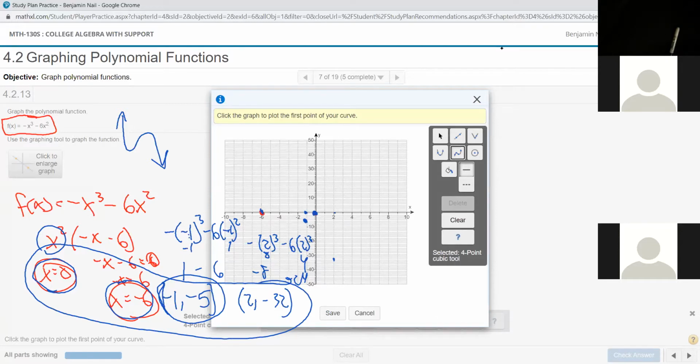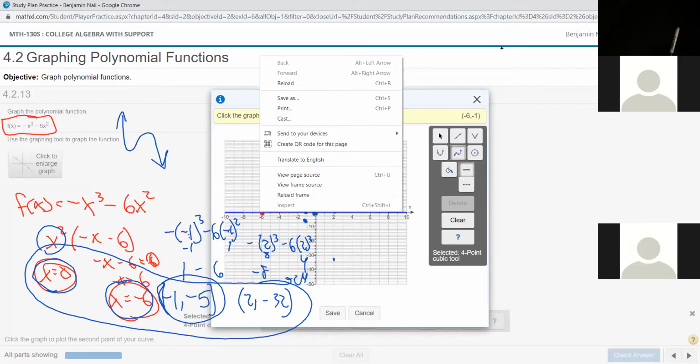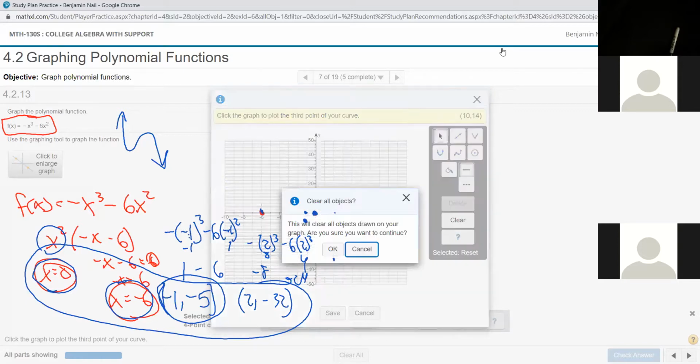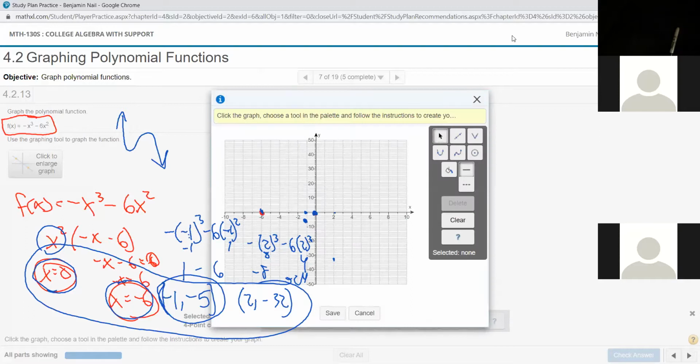I'm going to pick this tool, and I've got to plot my points at -6, 0, 0, 0, all right, at -1, -5, and then at +2, -32.